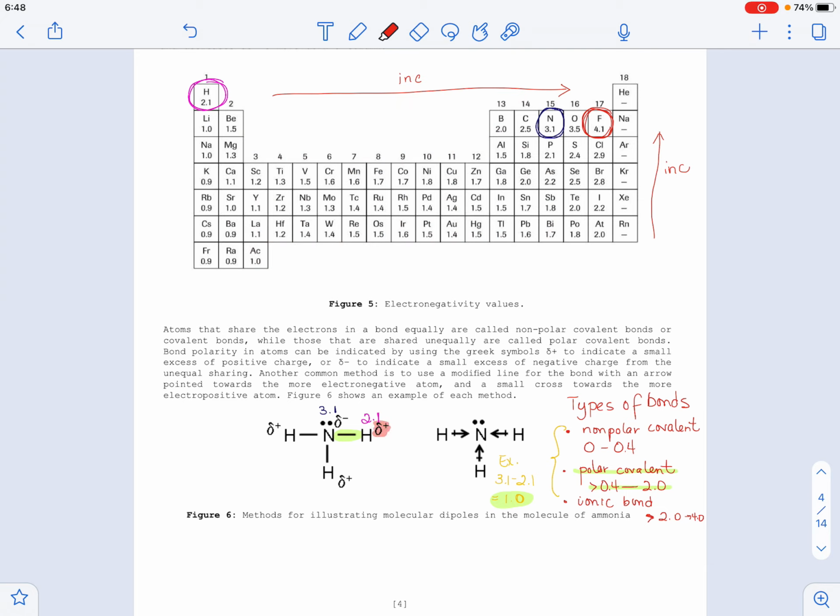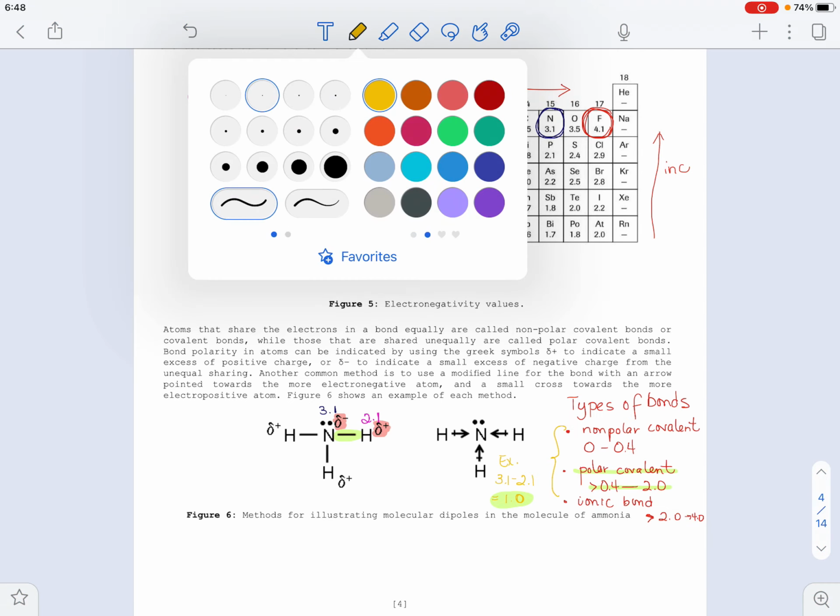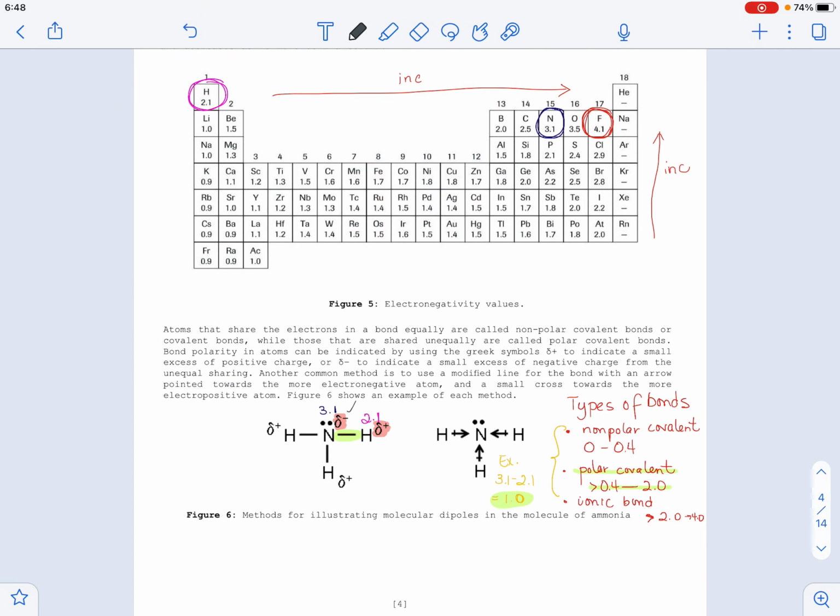Okay, so when you compare two atoms, the one that has the higher electronegativity value gets a delta negative, and the one that is less electronegative compared to its partner in the bond is going to get a delta positive. So these are just illustrating how we show a polar covalent bond.